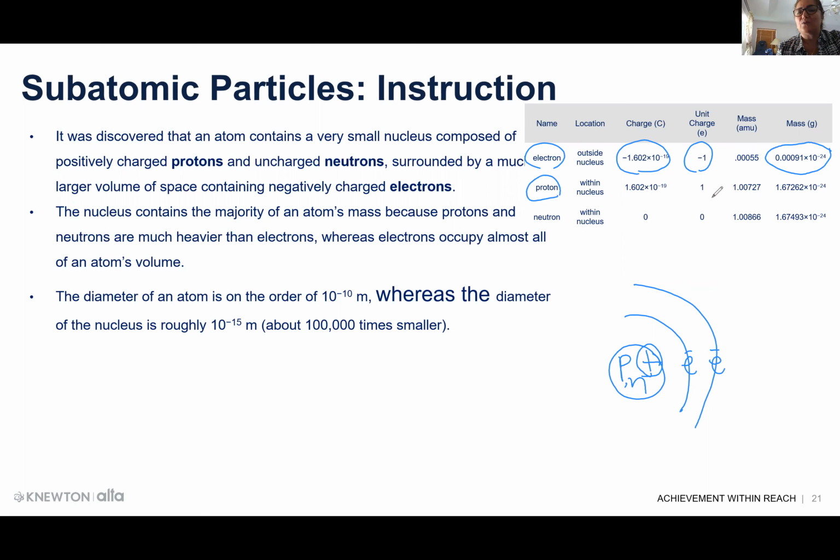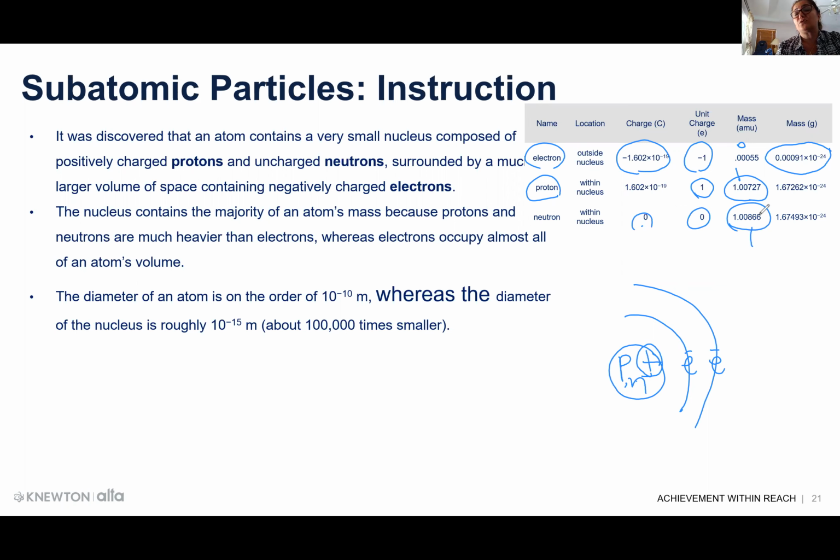A proton has a 1+ charge. It's inside the nucleus and has 1 unit mass. So the mass of a proton is about 1, and we are just using 1. For the electron, we use 0. For the proton, we use 1. And for the neutron also, we use 1. A neutron doesn't have a charge. The charge for a neutron is 0.